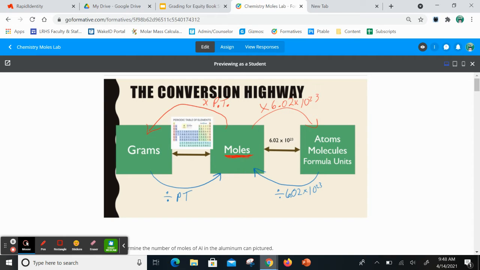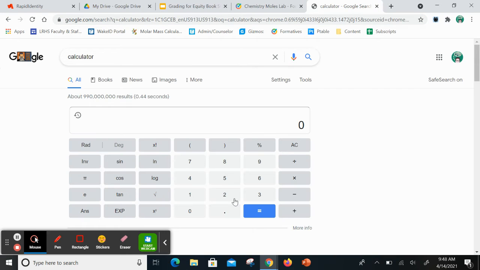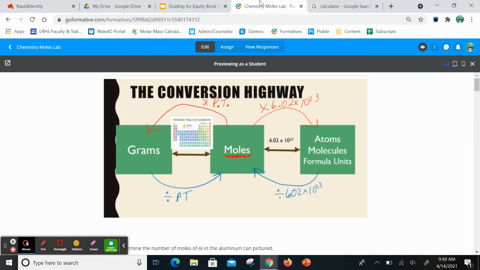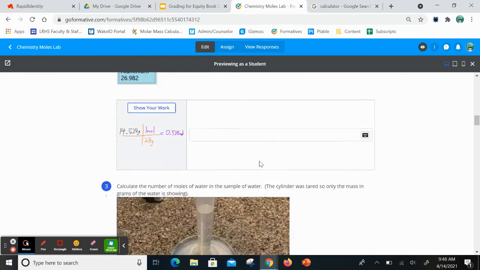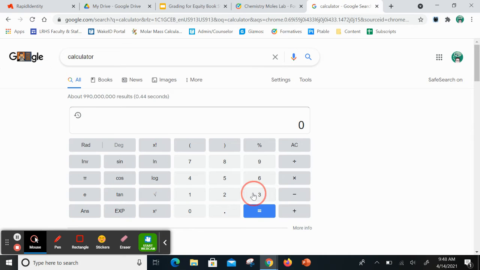So I'm going to just go to a calculator. All right, and our moles was 3.11. So it's 3.11 times 6.02 times 10 to the 23rd. And we get 1.87 times 10 to the 24th.